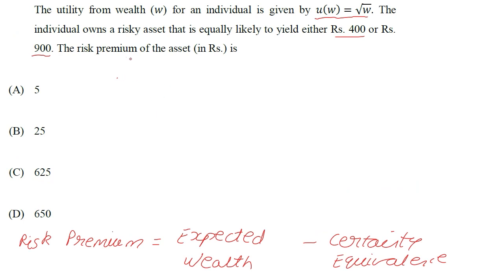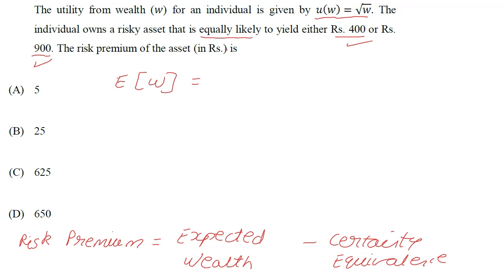So first we will calculate expected wealth. When we talk about wealth, we mean how much money the person has. Two situations can arise. Either they get 900 or they get 400.